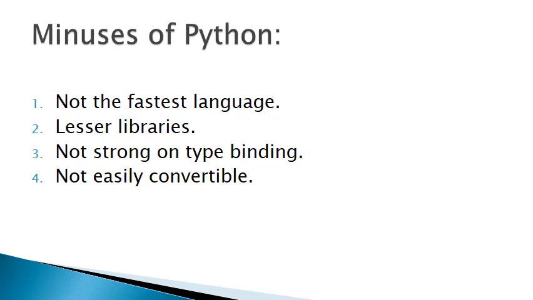Means if we have designed any program by using the Python programming language and we want to convert it into another programming language, then it must be difficult, because in Python there are fewer syntax rules, and in other languages there may be much more complex rules and much more difficult syntax. So there may be difficulty in converting a program written in Python to other programming languages.